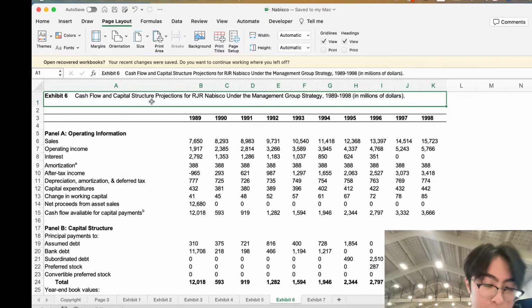Okay, so let's start here. What I'm doing is taking our book value and subtracting the common stock, but adding the market value of common equity. The market value of common equity in the first year is equal to just the year-end book value.